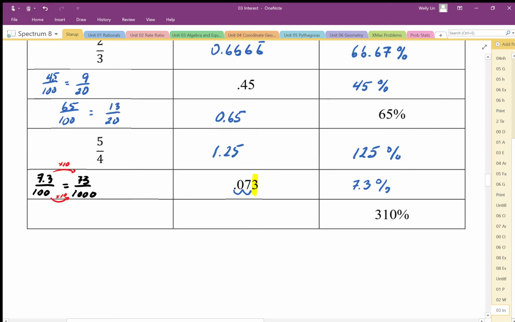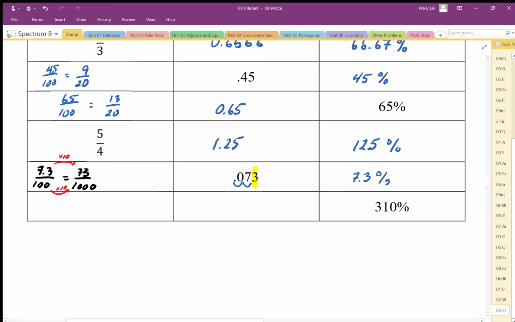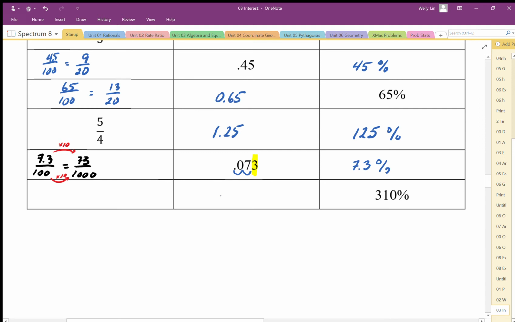In the last one, 310% as a decimal, we just move it over 2 places. So 3.1 as a decimal, and this is 310 out of 100. This simplifies by a factor of 10, and we end up with 31 over 10.